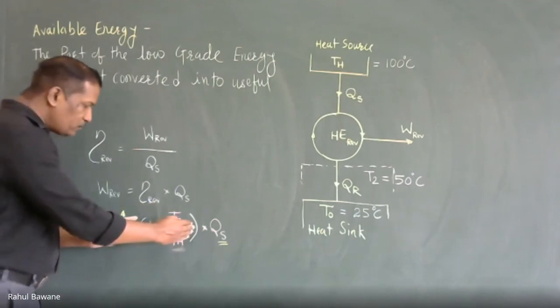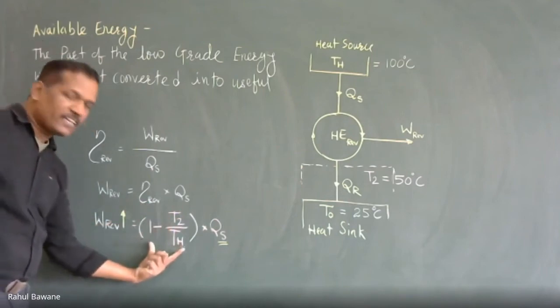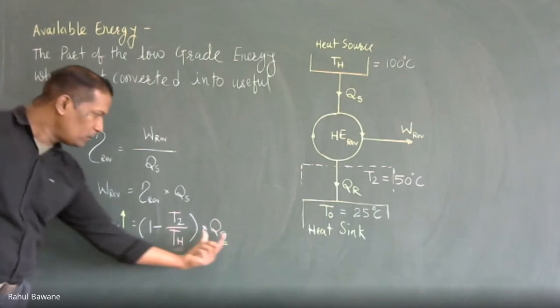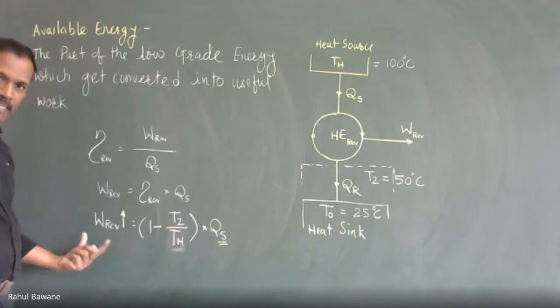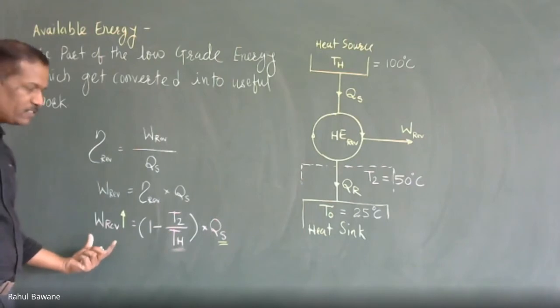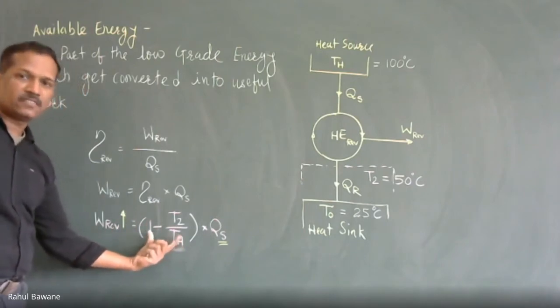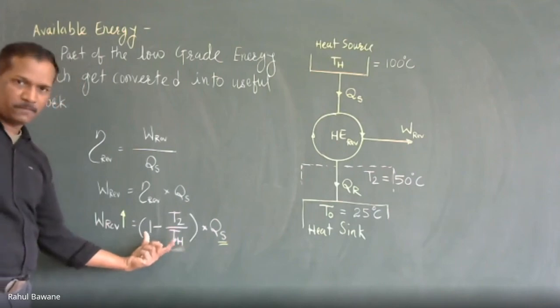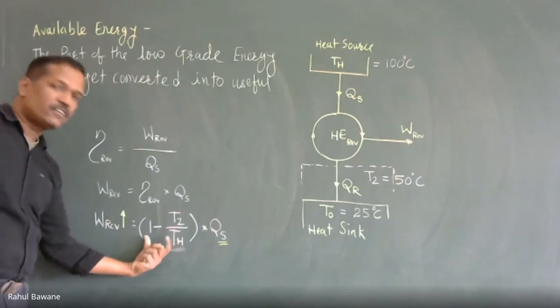If I reduce this and it becomes 1, when this bracket becomes 1, it means the total heat supplied gets converted into work done, maximum. But this is against our second law. So I have to minimize this. Whatever be possible, I have to minimize this. It should be nearer to 1.